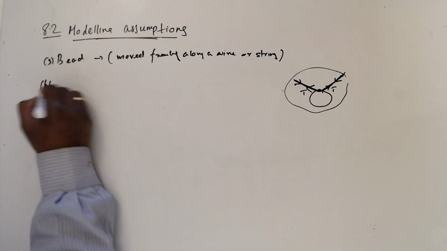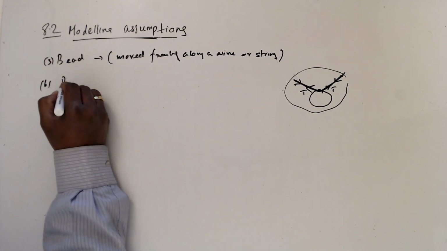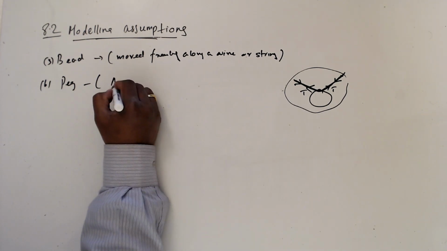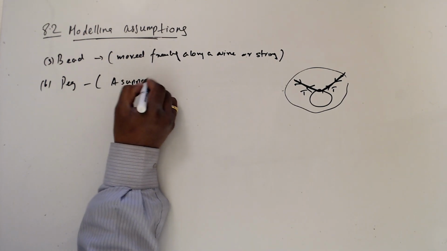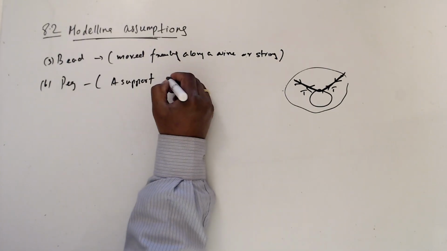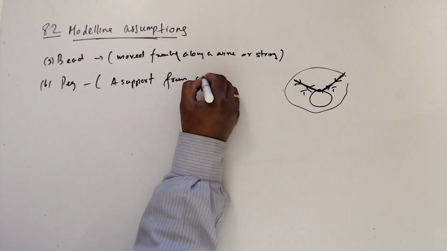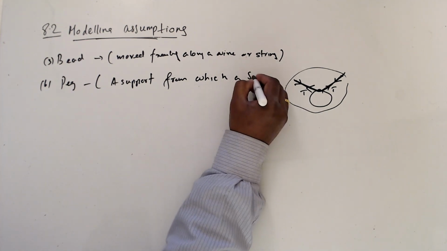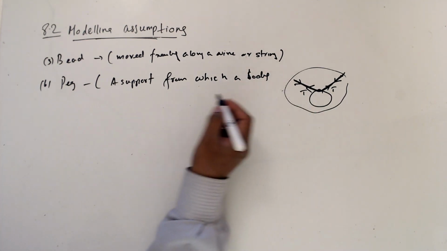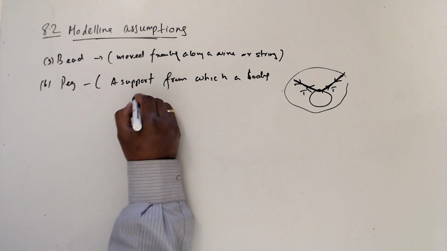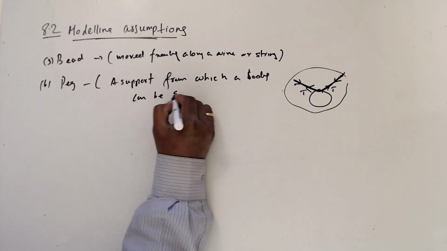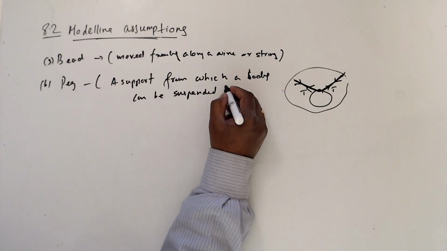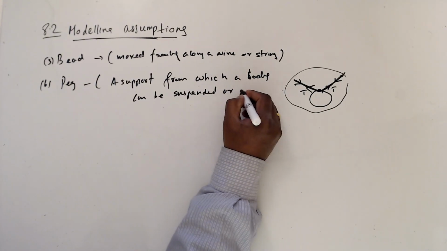The sixth one is peg. It's a support with which a body can be suspended or rested.